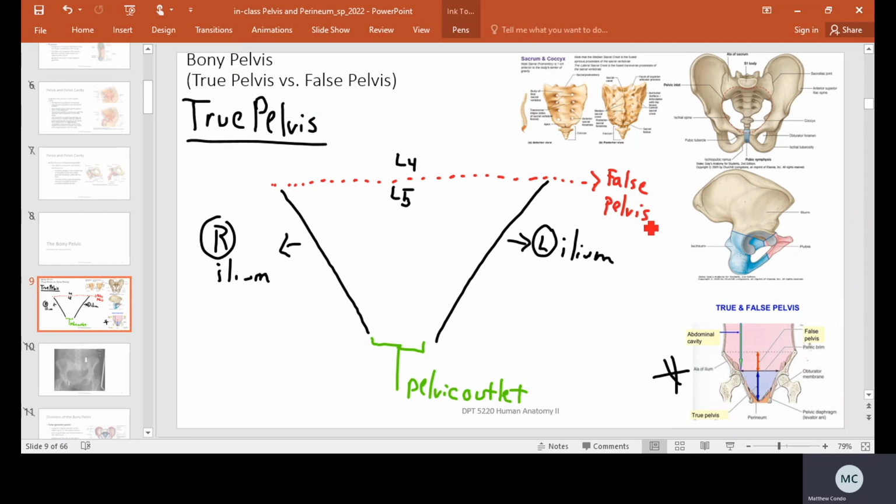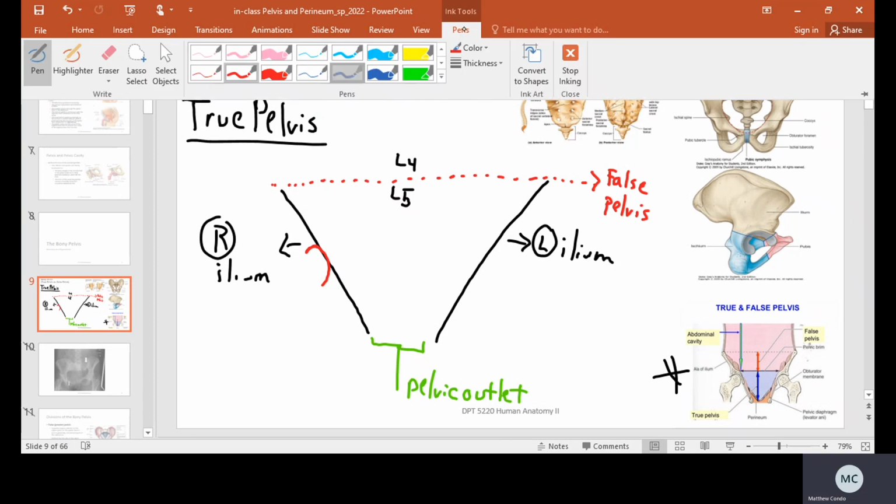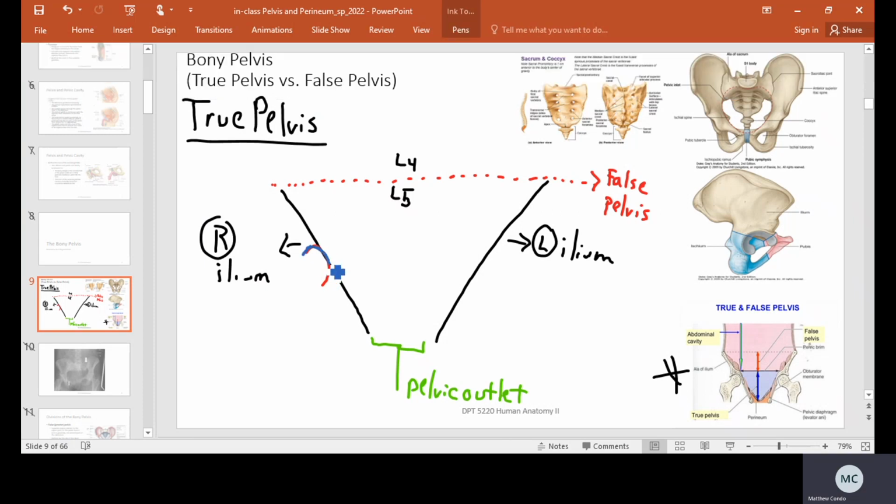So if we draw in, I'll draw it in a different color, where I'm going to see my hip articulation, okay, so let's kind of imagine these little half moon circles being my hip articulation.